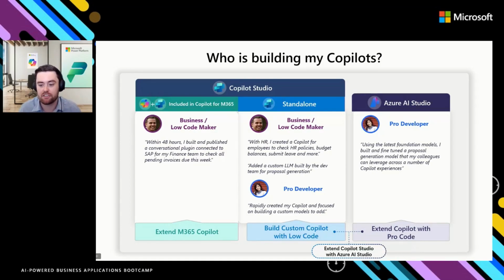And from a professional developer point of view, they can leverage the speed and out-of-the-box infrastructure of Copilot Studio to have all those core elements, the dialogue, rapidly spun up, and then spend the majority of their time building out custom models and capabilities in Azure AI Studio to supplement the initial copilot build in Copilot Studio.